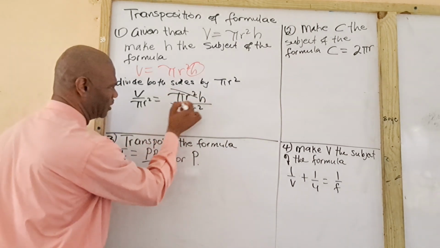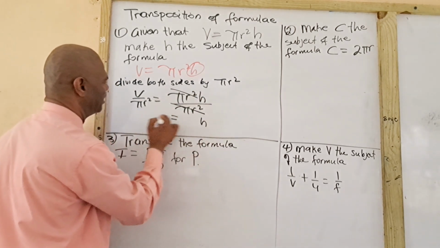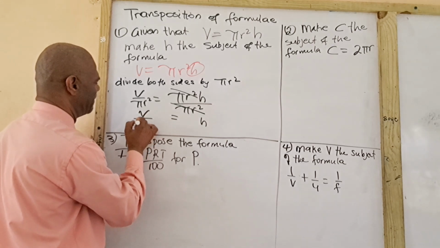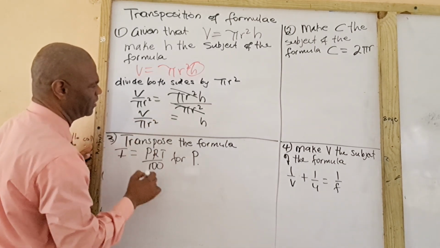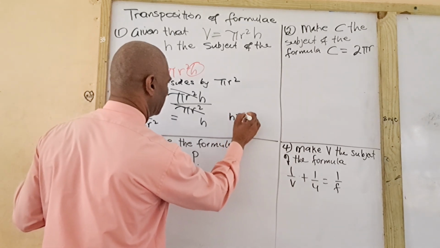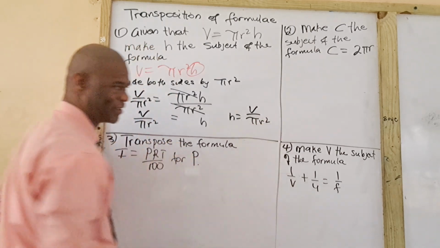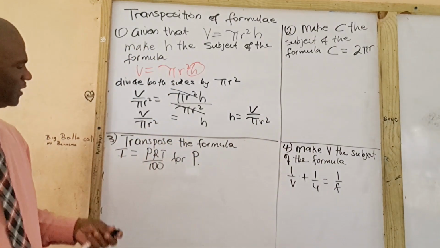Now pi r squared cancel each other, so we are left with what? h equals v divided by pi r squared, right? So we can rewrite this as h equals v divided by pi r squared. Alright, so there we have it.